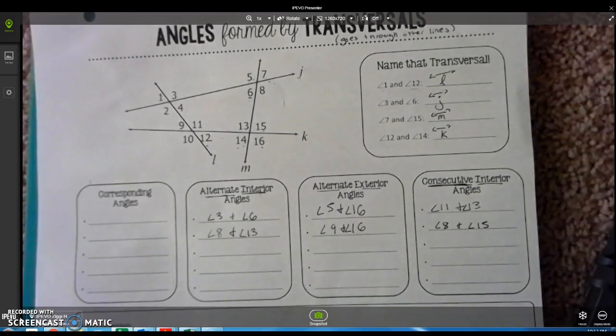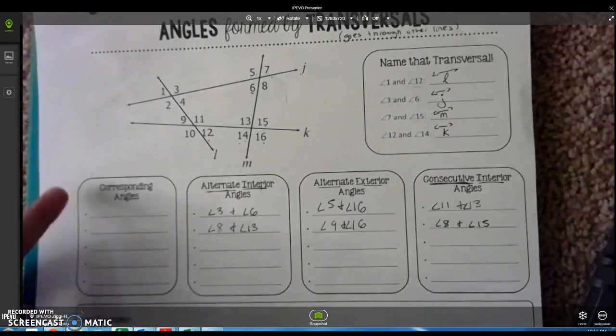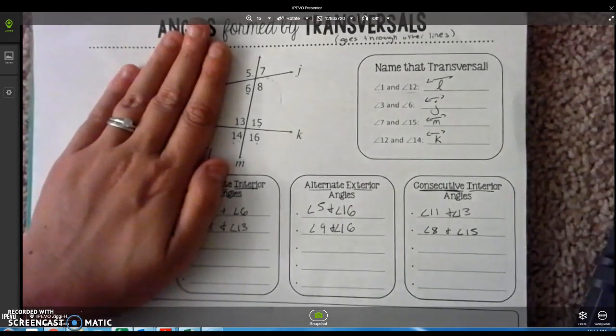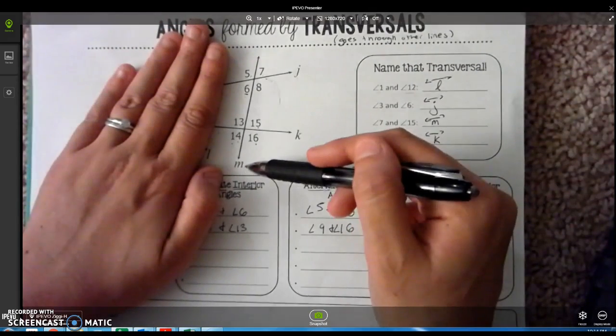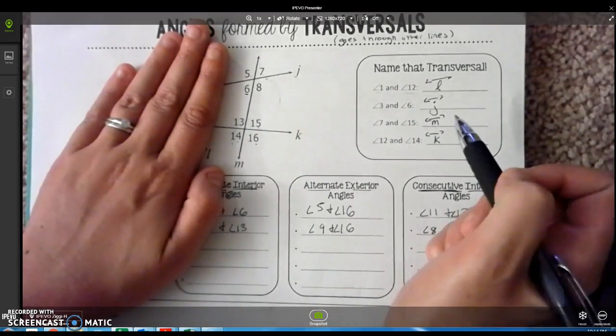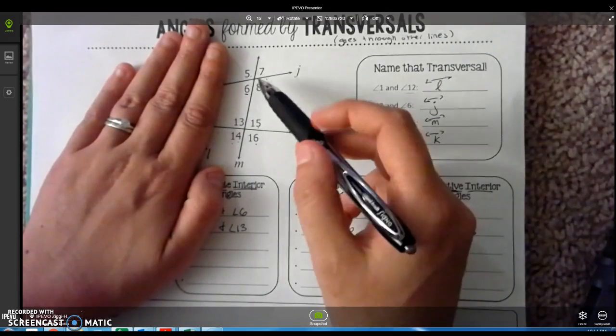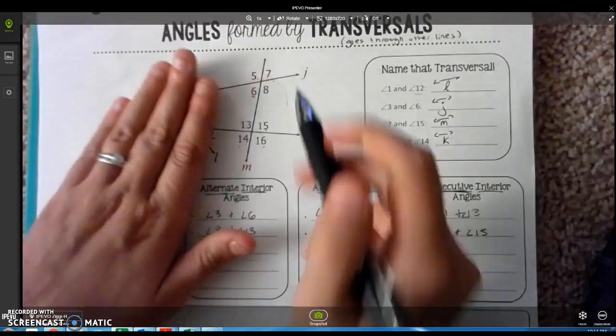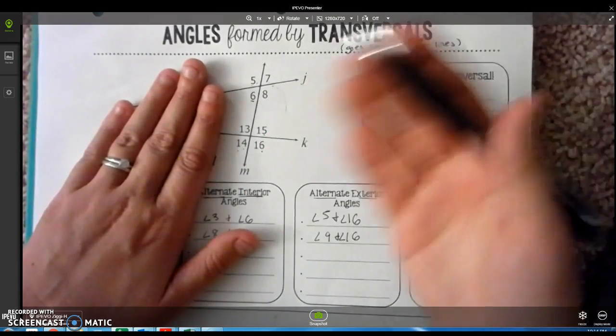Okay. And we're going to go back to the beginning and do the corresponding angles. So I'm going to block this off again and just use the transversal M that goes through line J and line K. And the corresponding angles we know are going to be in the same place, right?